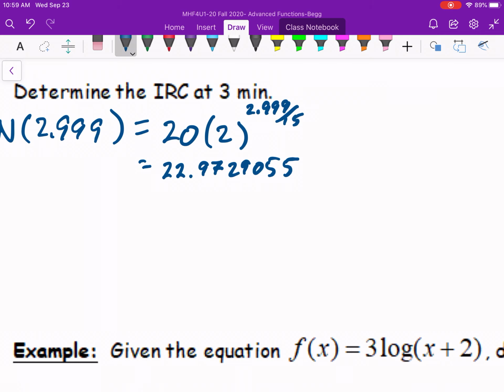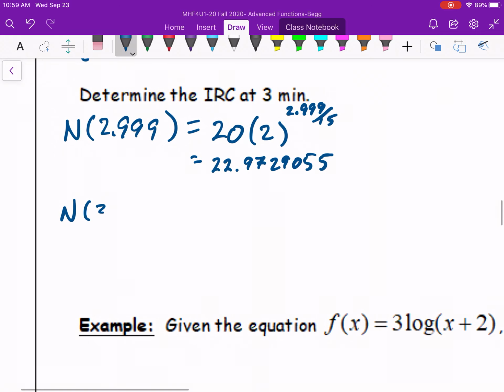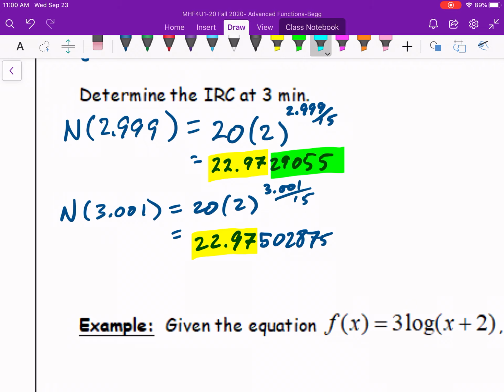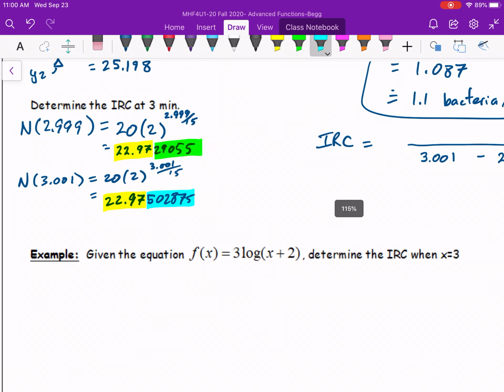So I get 22.9729055. If I do the same thing for n at 3.001, it works out to 22.97502875. As you can see, the first couple decimal places are identical. It's not until I get to the third decimal place that these two things are different. That's why it's really important to carry all these decimal places.